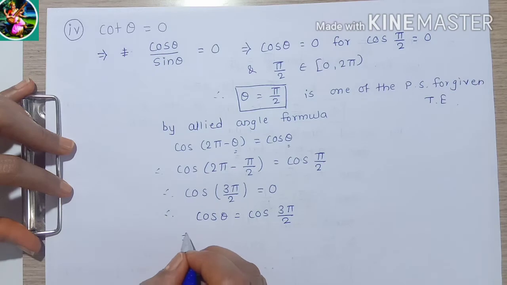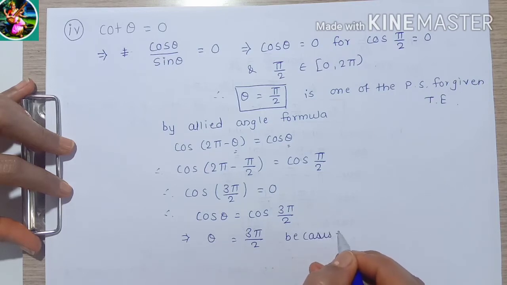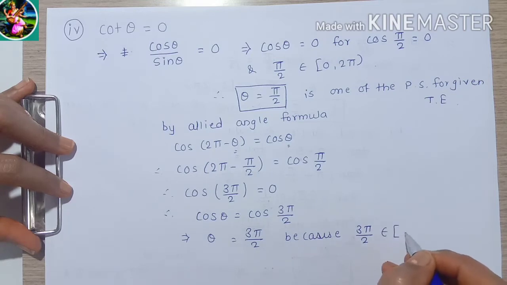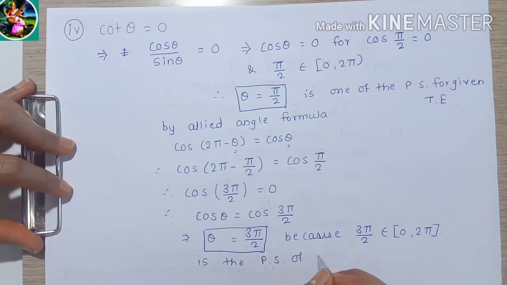That gives theta is equal to 3 pi by 2, because that 3 pi by 2 also lies between 0 to 2 pi. Therefore, theta is equal to 3 pi by 2 is the principal solution for given trigonometric equation.